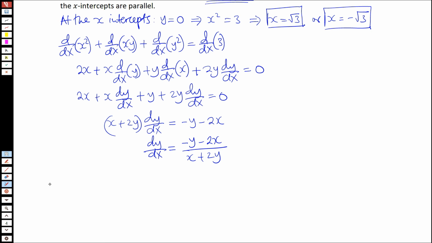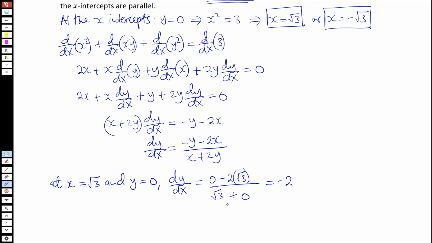So let's find out. So at x equal to square root of 3, and of course y is equal to 0, dy over dx will be equal to negative 0, so 0, minus 2 root 3 over root 3 plus 0, so this will be equal to negative 2.